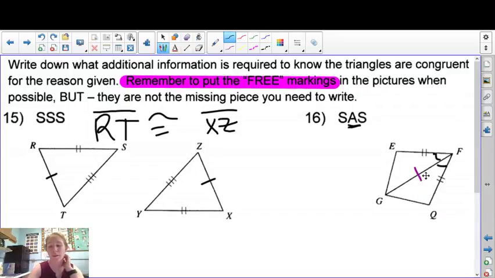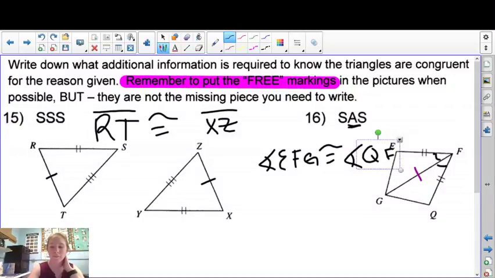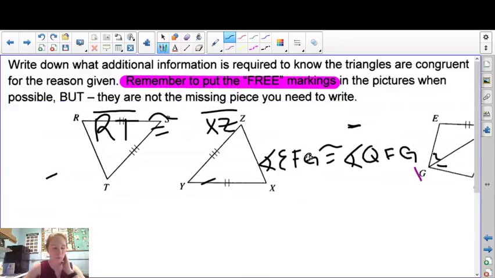I have to use 3. So let's start with the left side. And I need F to be in the middle. So I'm going to go from E to F down to G. And I want that to be congruent with angle. Well, E to F had the 2 tick mark, so I want Q to F. And it has to go in the same order.